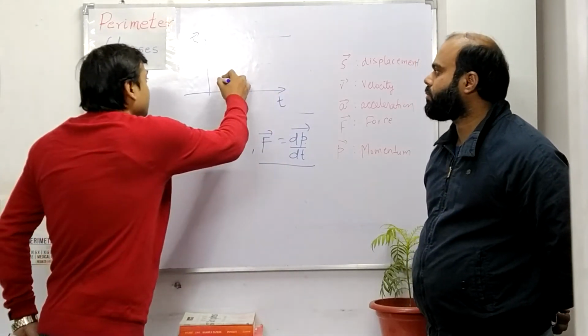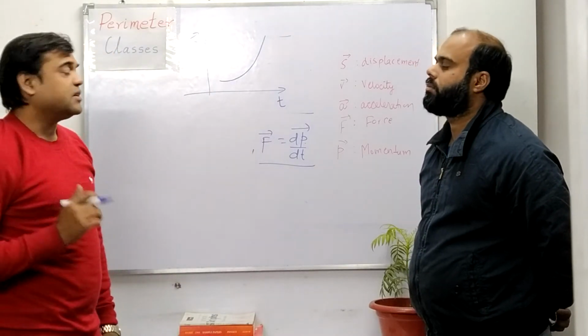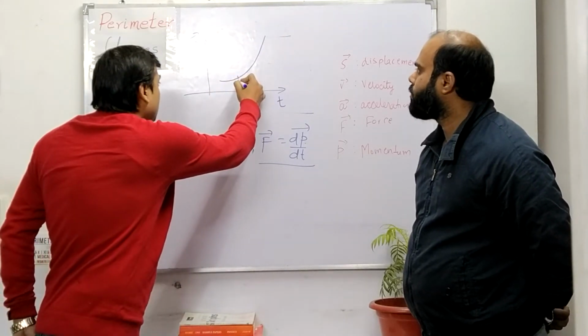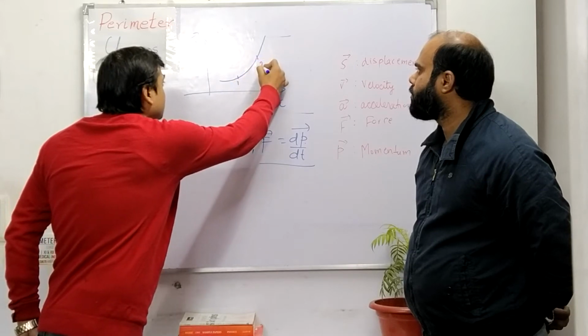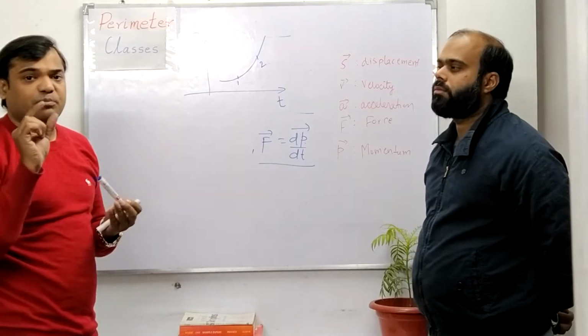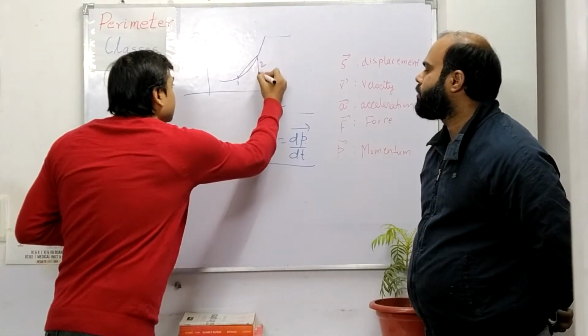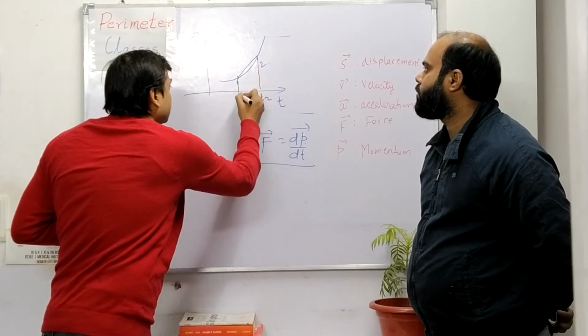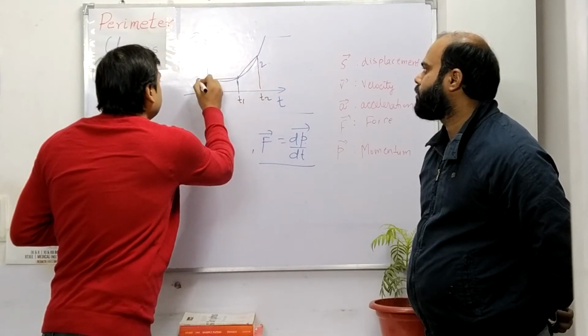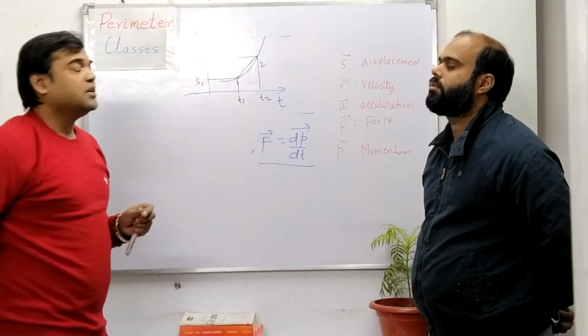Now if any general graph of displacement with time is given, and there are two points, let us say 1 and 2, if we join these two points, the difference in the position of these two points will give us, let us say this is time t2, this is time t1, this is position s1 and this is position s2. So what is average velocity?